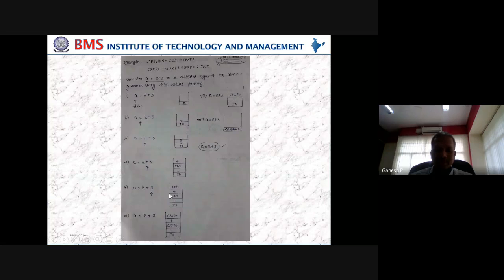So integer plus integer is replaced by an expression, expression plus expression is another expression, and ID is equal to expression is the assignment statement. Since we have reached the final assignment statement, which is the highest level grammar, we say that the given input is a valid input.